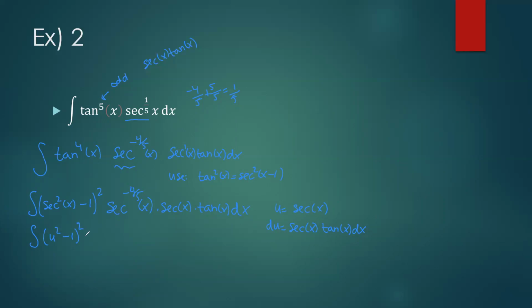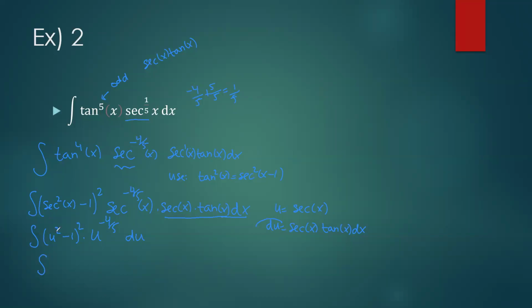And then secant to the negative 4/5 x is u to the negative 4/5. And then do you see this secant x tan x dx? I'm going to replace that with du. Okay.